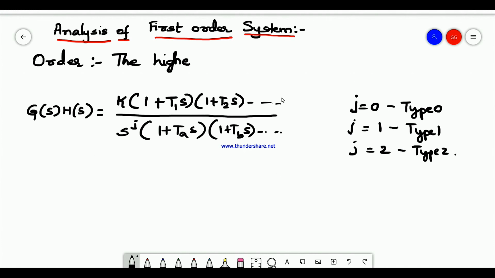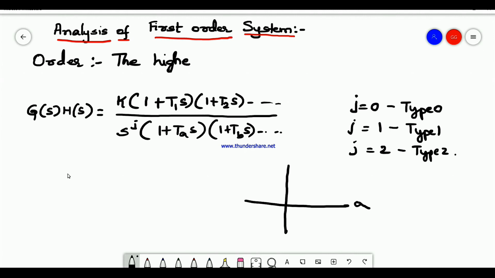Now what exactly is this in terms of the s-plane. In the s-plane, the x-axis is called the real axis, where we point out all the real roots of the equation, denoted by sigma.